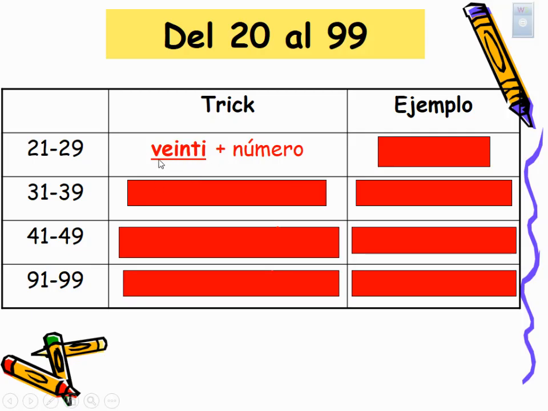So if I want to write the number 22, I will write veintidós. And I'm going to tell you why. First, I want you to see this, okay? But we're going to learn how to write the number 20 on its own.